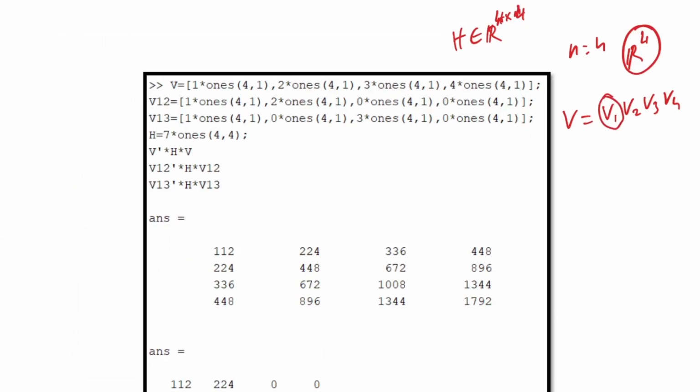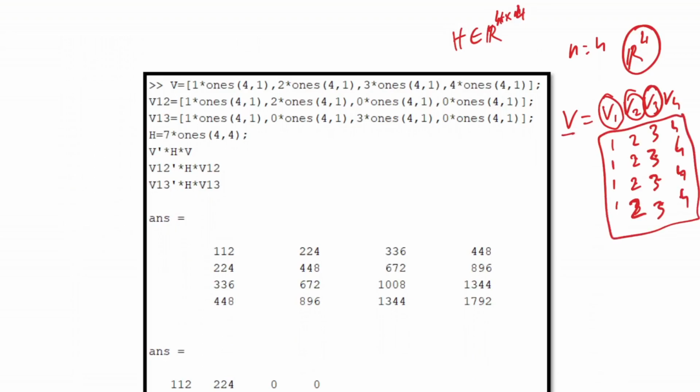Instead of writing v1, we just wrote 1 1 1 1, and for v2, 2, v3, 3, and v4, 4. Okay, let me just fill out the spaces. Okay, this is the V matrix. All right, let's transform the H matrix. Yeah, H is such that all the entries are 7.